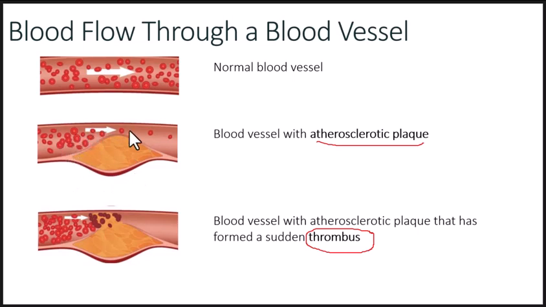And so if less blood gets through, we'll learn that this is called ischemia, reduced blood flow toward whatever structures that blood was traveling to. And if there's a reduction in blood flow to an organ and it doesn't get as much oxygen, it can experience what's called hypoxia.